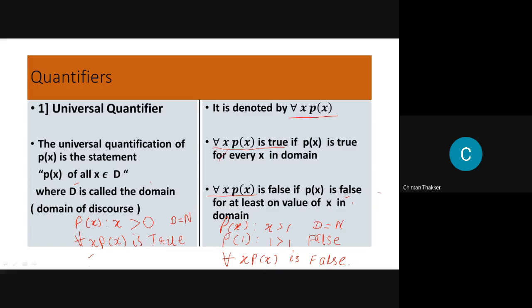So the value of for all x P(x) is true if P(x) is true for all x belongs to D. If for any one x belongs to D, P(x) is false, then for all x P(x) is false. This is the value of the universal quantifier.